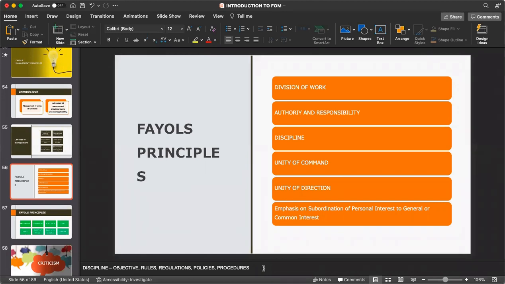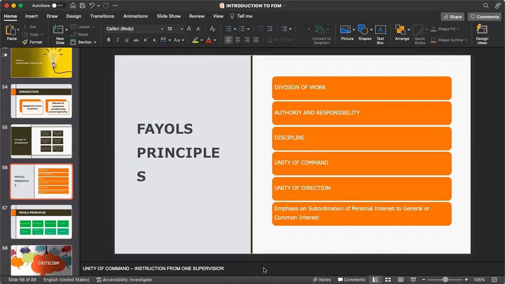Next, we have unity of command. Unity of command means there should be only one supervisor, only one boss who is giving instructions to the workers. If there were multiple bosses, there would be a conflict of interest, the person would be confused about whom to follow when giving and receiving orders, and it would create chaos in the company as well.